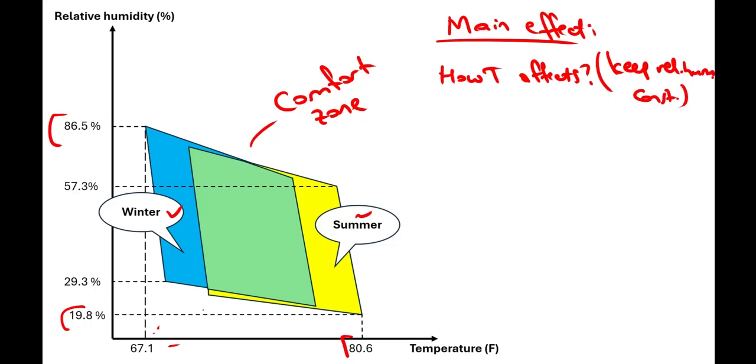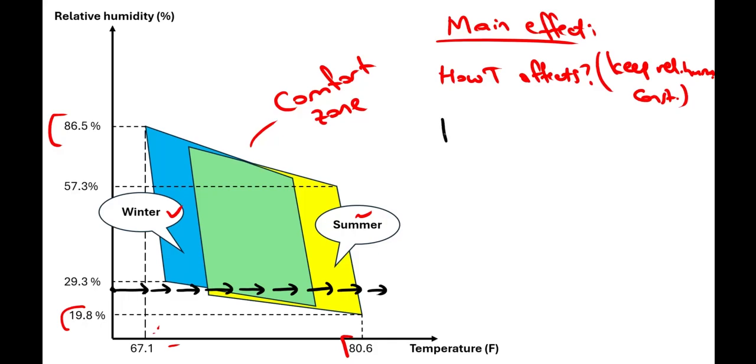What this means is that I change the temperature. For example, I started here, and I move this way and then that way. You see humidity is constant, but still I'm not in the comfort zone. But then I jump into the comfort zone, and then we are out of the comfort zone. This is one main effect.